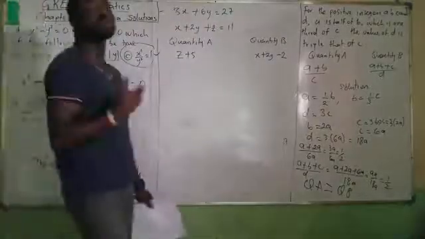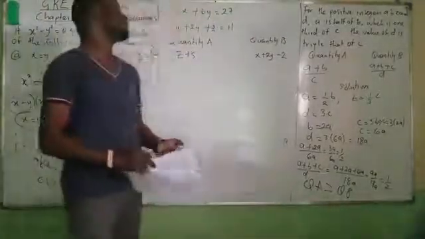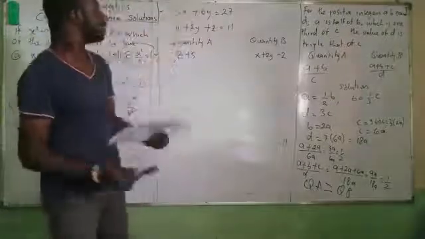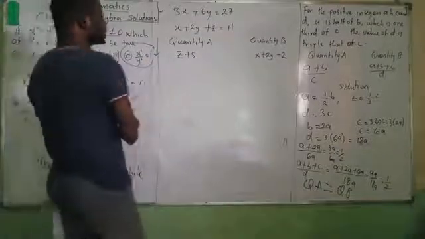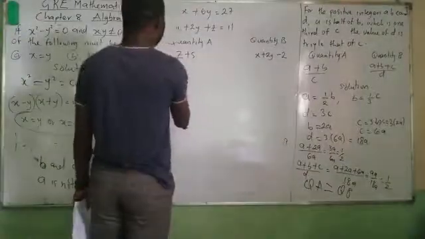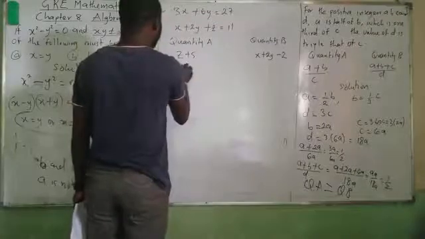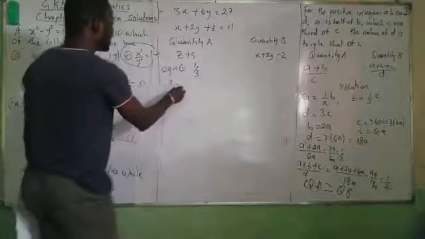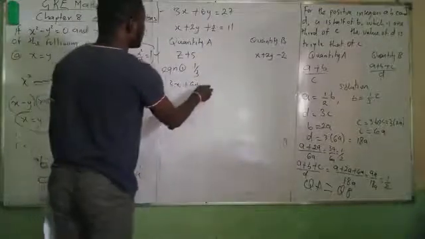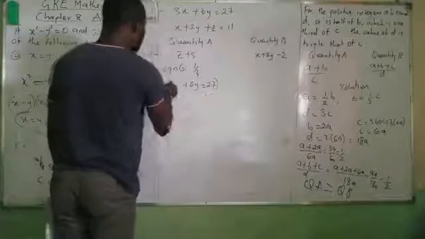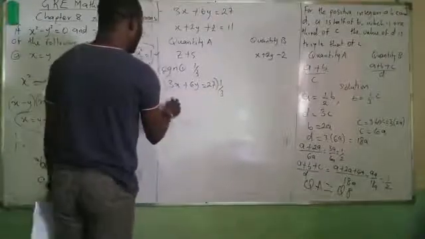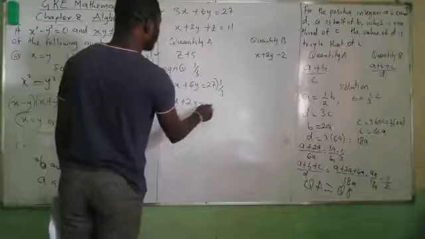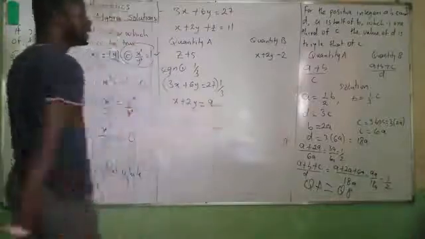This looks like a simultaneous equation, and truly it is a simultaneous equation because we have two equal signs. Thank God for that. But when you have something like this, if I were you, I would take equation 1 divided by 3. It means I'll have 3x plus 6y equals 27. Now, divide everything by 3, which gives x plus 2y equals 9.